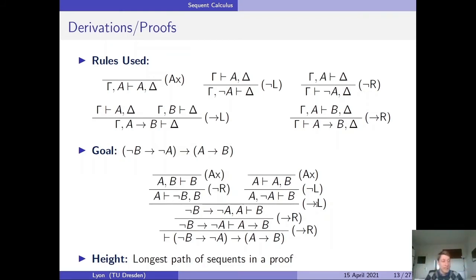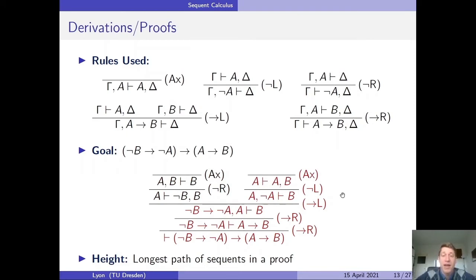Now, the height is obtained by finding the longest path of sequents in your proof, starting from the root going up to the leaves. So let's go through an example of how to calculate that here. We have two paths inside of our derivation. We have a left path that has 1, 2, 3, 4, 5 sequents on it. And we have a right path which has 1, 2, 3, 4, 5 sequents on it.